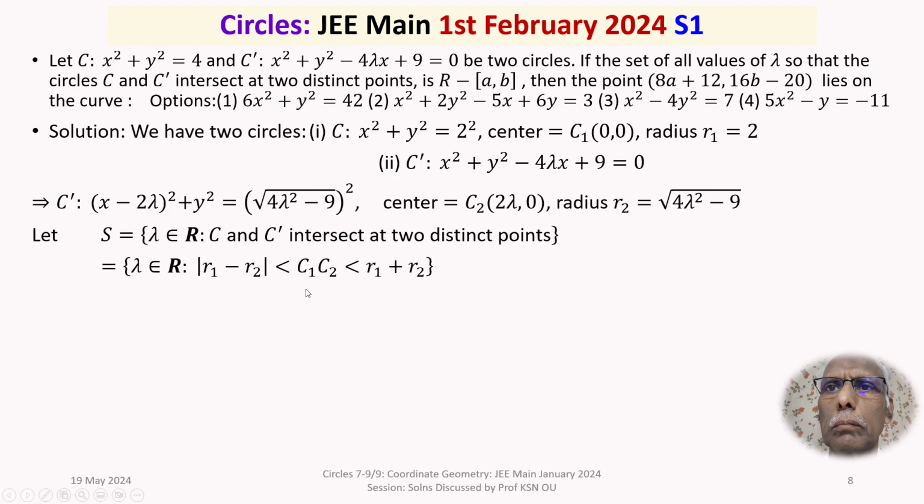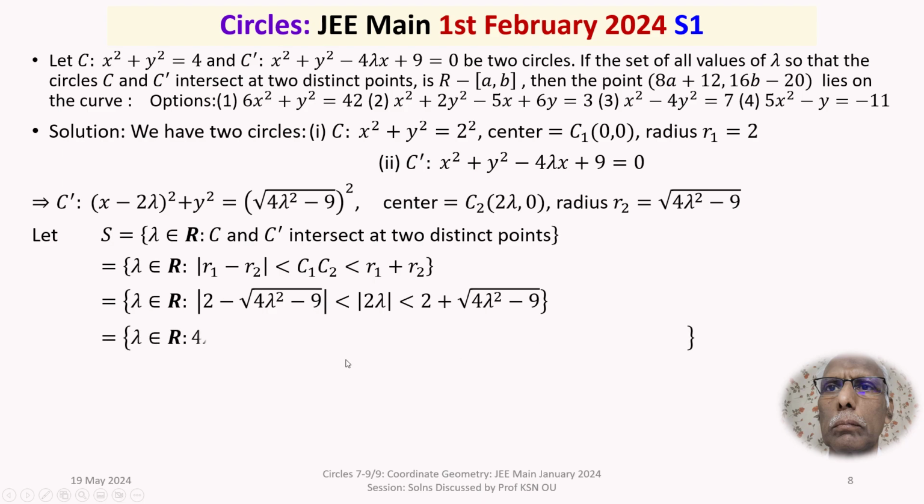So that will be the set of all those lambda belongs to R such that mod of R1 minus R2, where R1 is 2 and R2 is under the square root of 4 lambda square minus 9. C1 is 0, 0, C2 is 2 lambda, 0, and the distance between C1 and C2 is mod 2 lambda, and it is less than R1 plus R2. Right, we have written that.